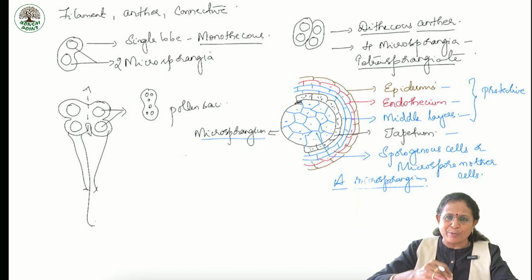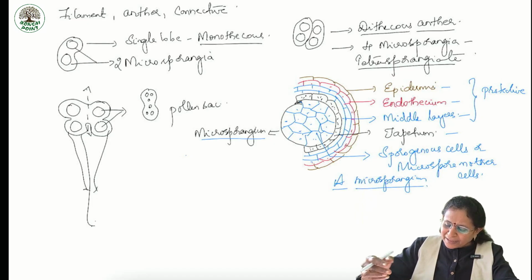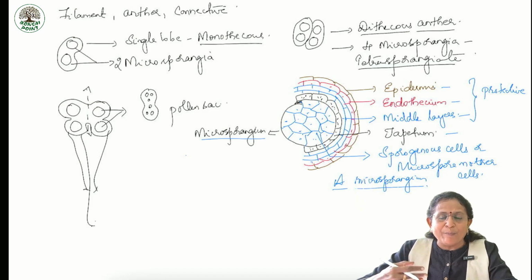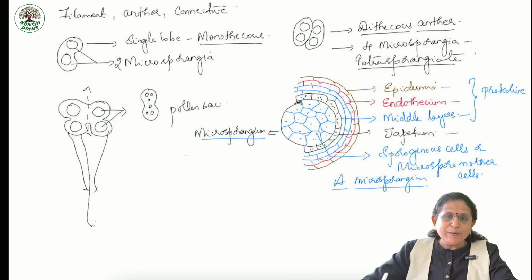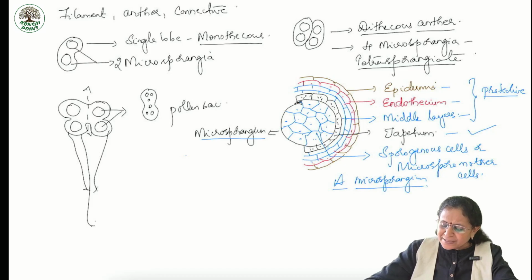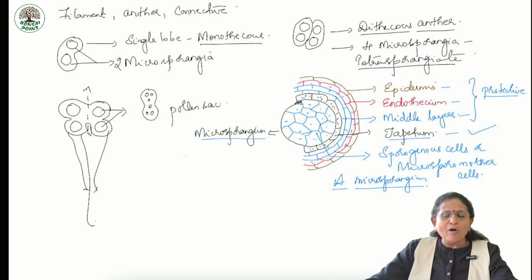In the beginning, the microsporangium has the young cells, that is the sporogenous cells or the microspore mother cells, which are to be matured to produce pollen grains. So the first 3 help in what? Protection and dehiscence of the anther. What about this tapetum? Tapetum is the innermost layer of the wall of the microsporangium.